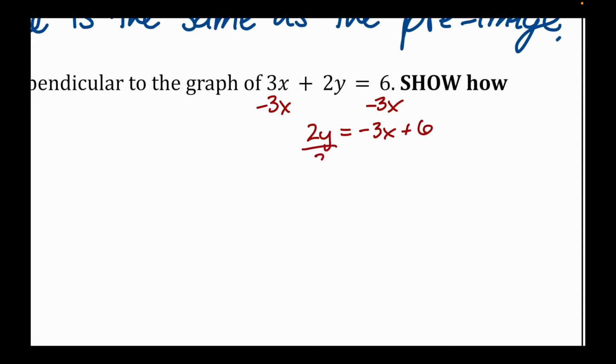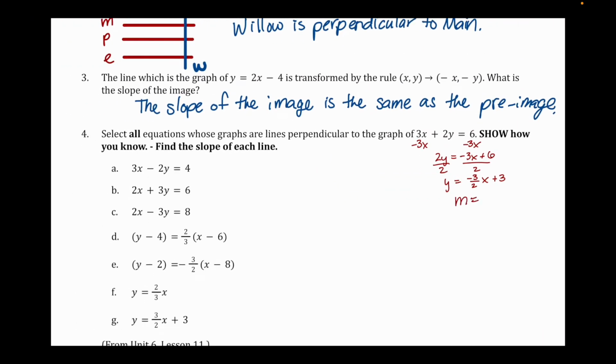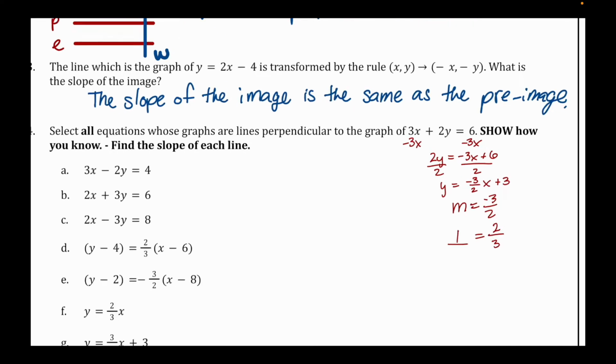And we would divide everything by 2. So you'd have negative 3 over 2 x plus 3. So the slope here is negative 3 over 2. So the perpendicular slope would be positive 2 over 3.